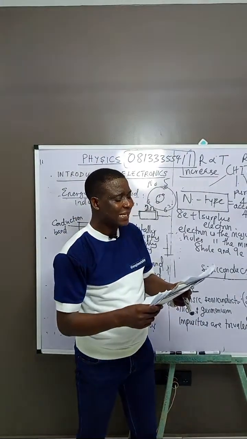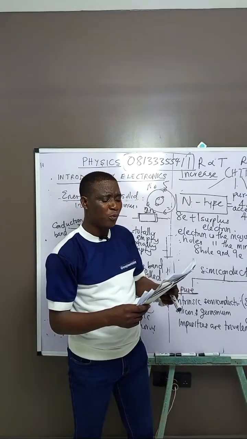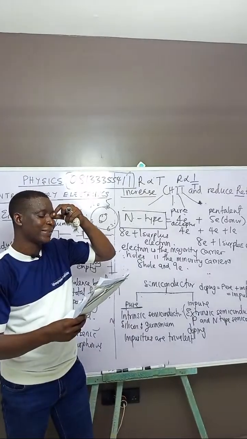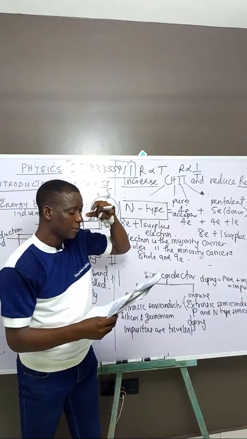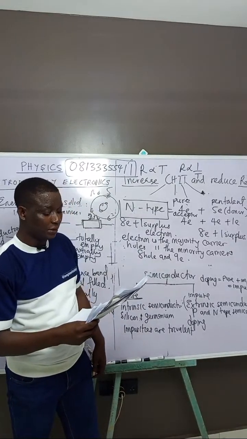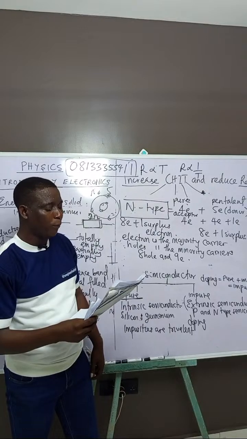Number 9, a certain manufacturer wishing to make an n-type semiconductor, which material will you select for doping? I've answered that one. You select a pentavalent element to produce an n-type, and those are arsenic and antimony. Number 10 is a repetition: silicon doped with aluminum.